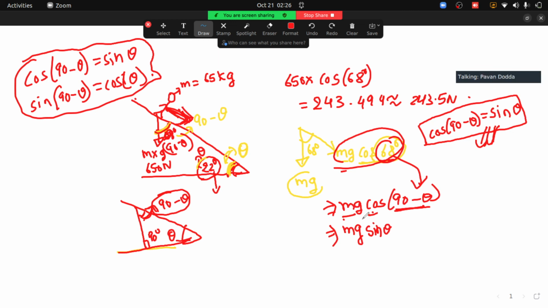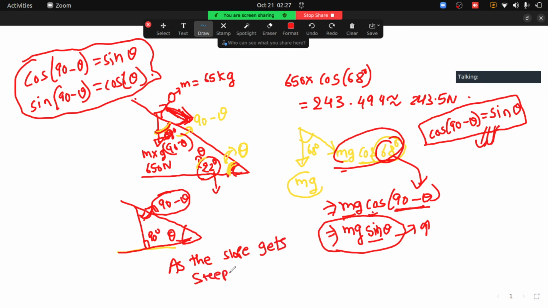So from this, the force acting on the person would be mg sine theta. Now you see, as the value of theta increases, sine theta also increases. So as the slope gets steeper, the force increases.